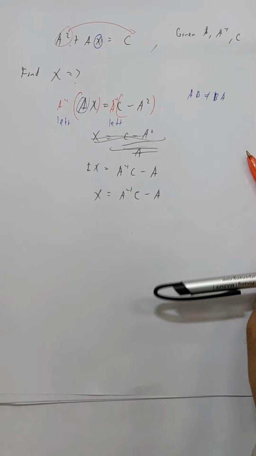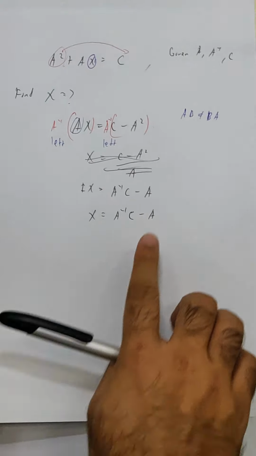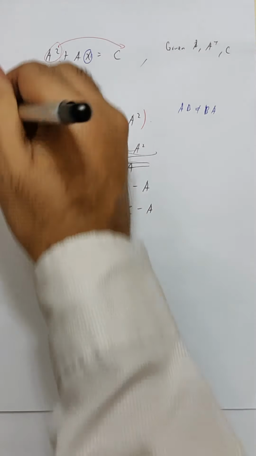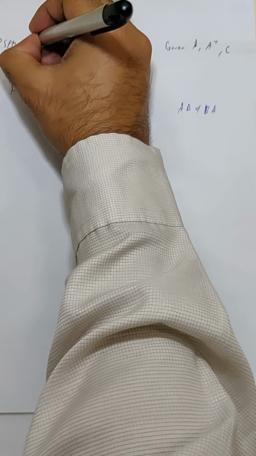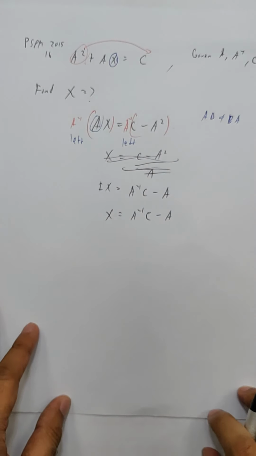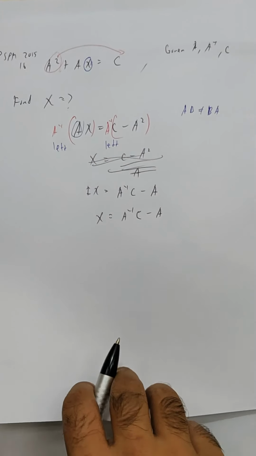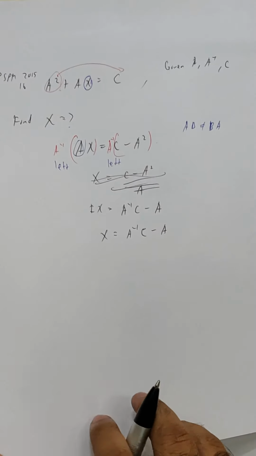One last type of question. This is actually question number PSPM 2015 number 16. Now, one last one for properties.